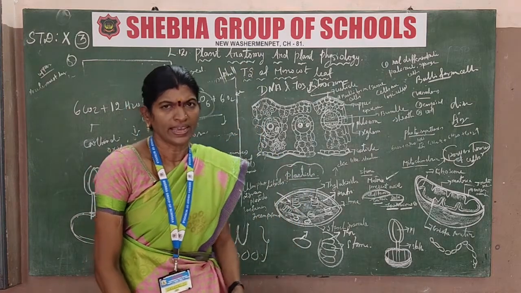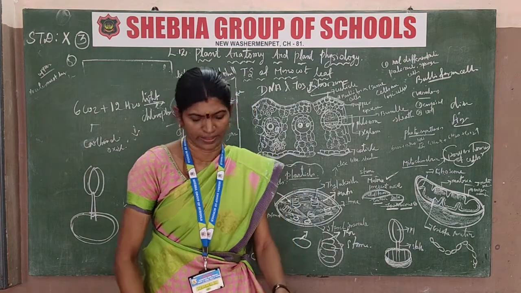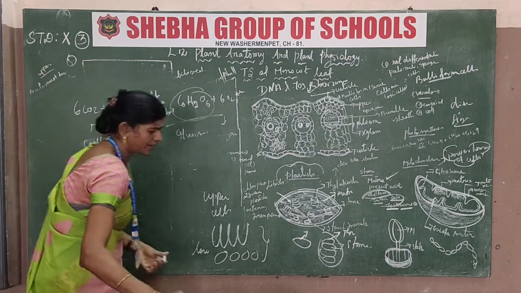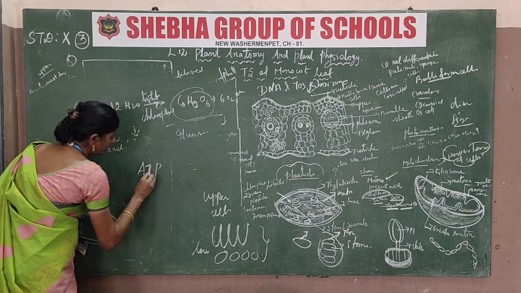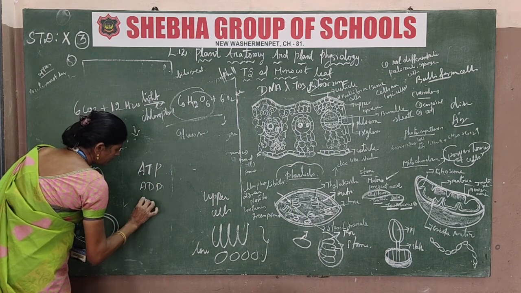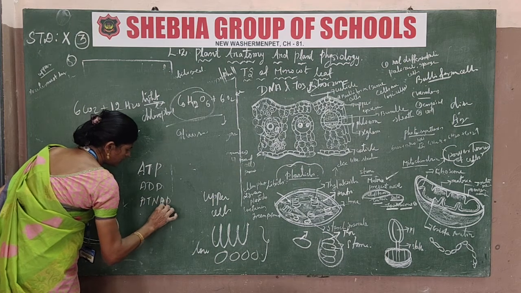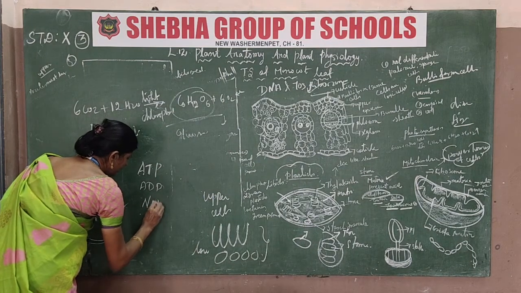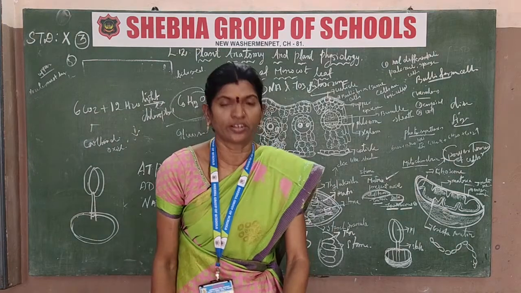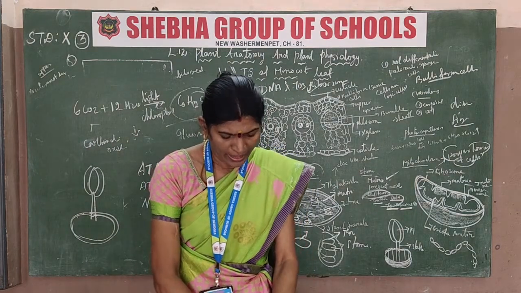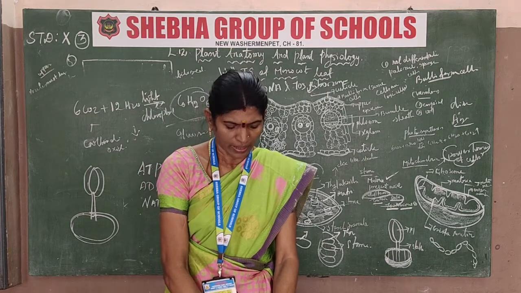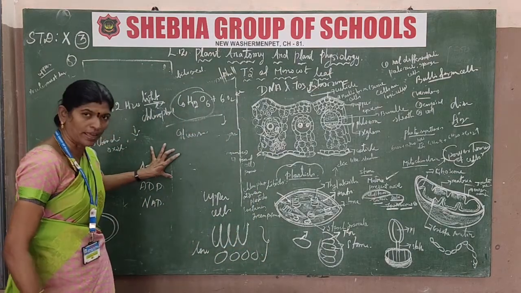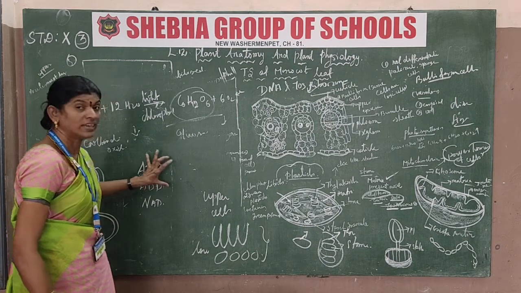What is ATP? Adenosine triphosphate. ATP, ADP, then NAD and NADP. ATP means adenosine triphosphate, and ADP is adenosine diphosphate.